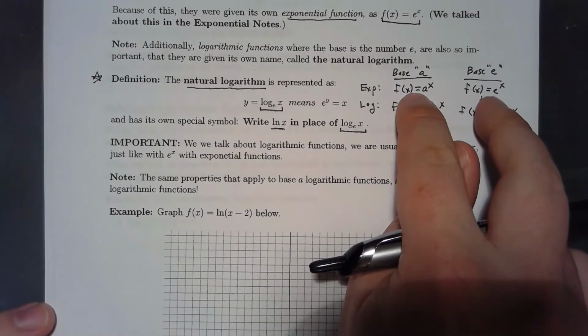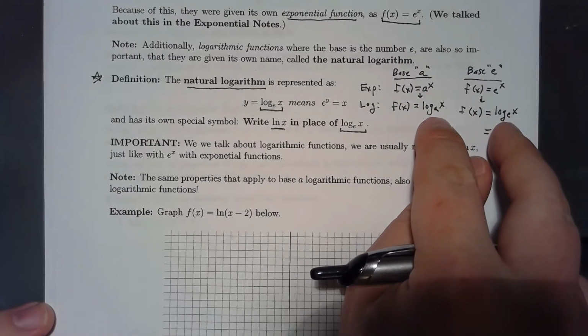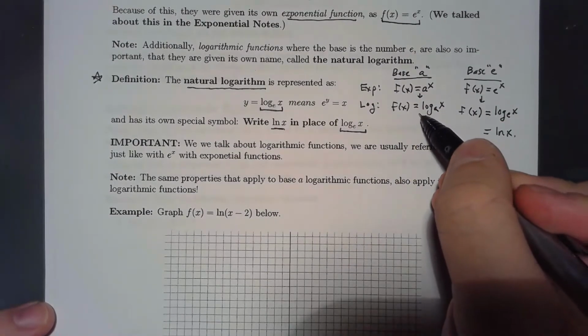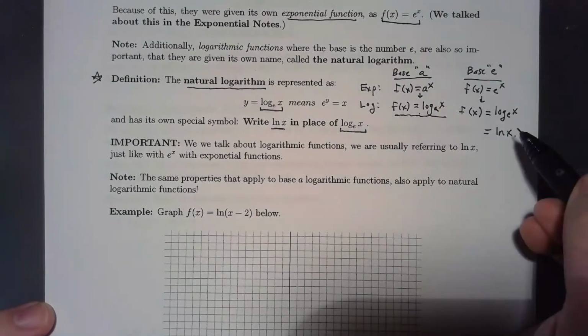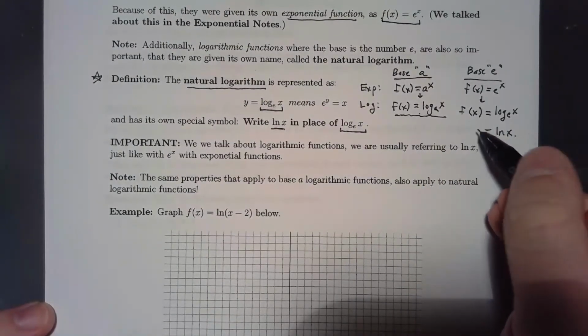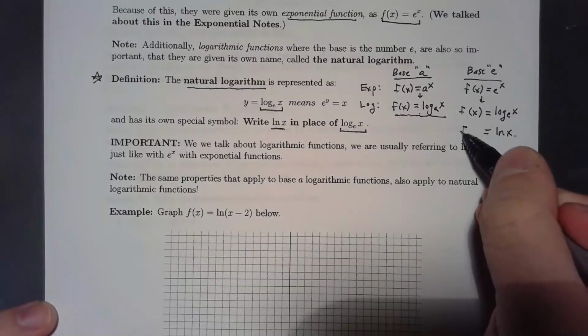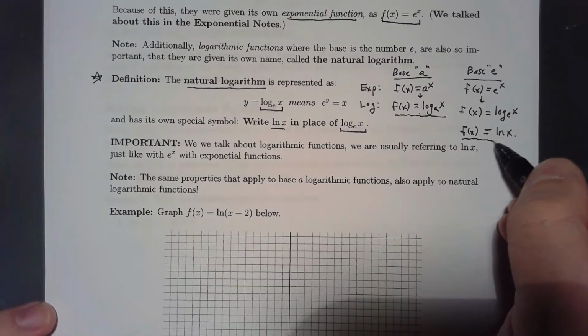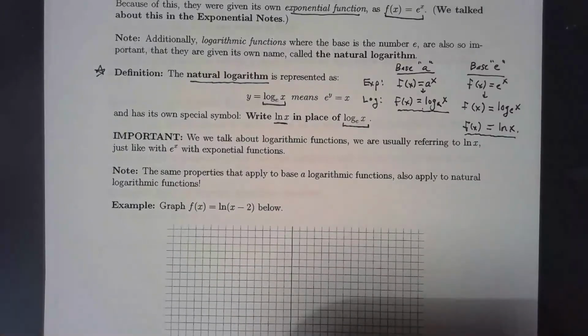So, depending on what base you're working with, you're going to have a specific exponential function and an associated logarithmic function. It's either going to be this kind of logarithm, which is a base a log function, or you're going to have a natural logarithmic function. Whenever I say natural logarithm, we're talking about base e exponential functions as its inverse. When I say log, that means I have a specific base. That could be base 2, base 3, base 5.